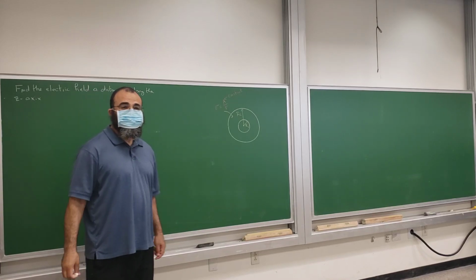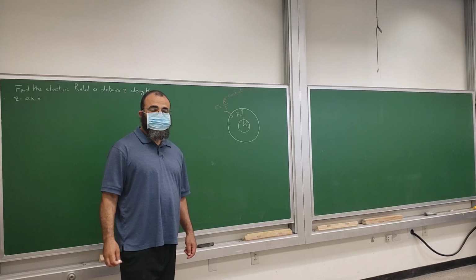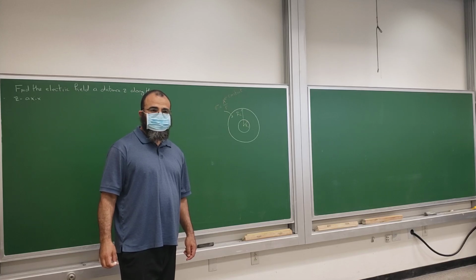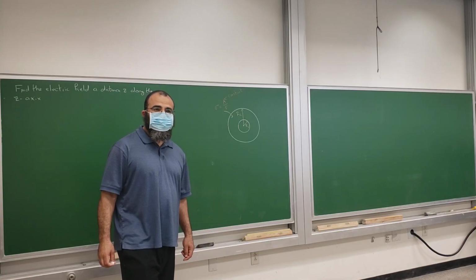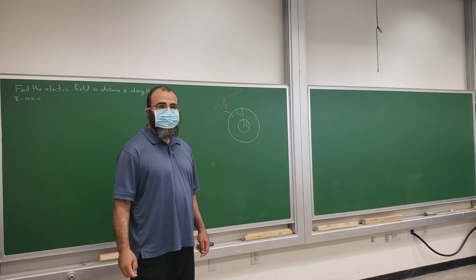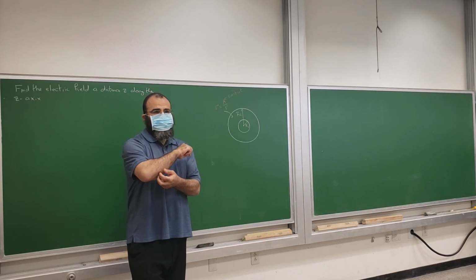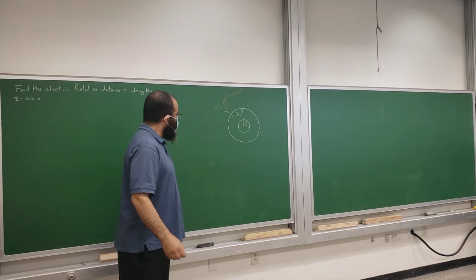Yes, please. Well, we can split that into two different disks, both of rho, but the inner one's negative. Then calculate the electric fields for those and add them together because it's equivalent.